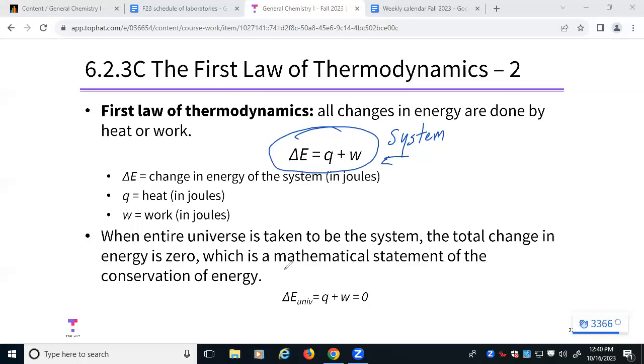We can summarize the first law with this equation right here. It says that the total energy change of the universe is equal to the heat of the universe plus the work of the universe, which is equal to 0.